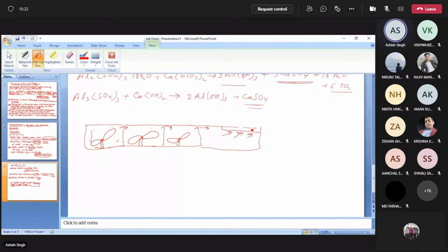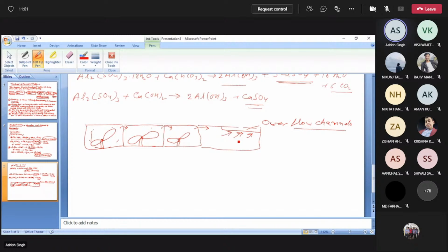So these are the overflow channels, and thus sedimentation happens. Here the particles settle down due to gravitational force.